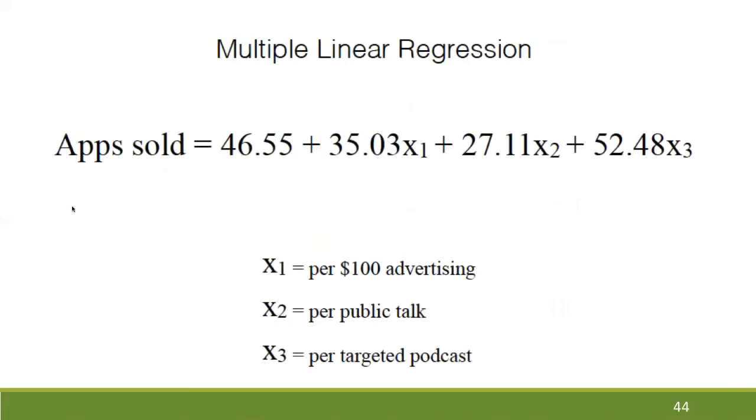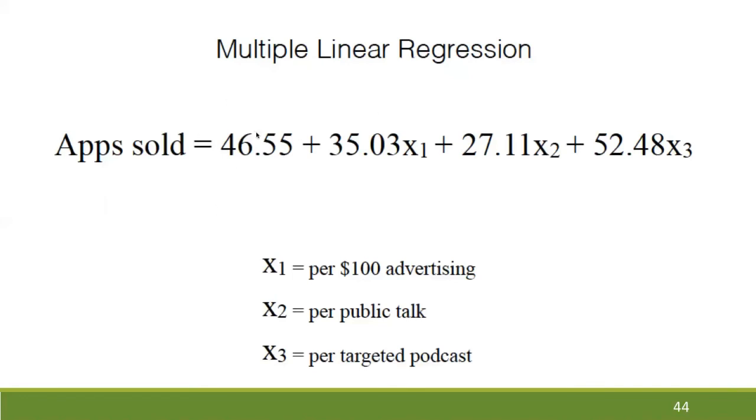Another example, let's say you are creating apps and putting them on the store, and there are different kinds of combinations. If you did not do anything, you just created an app and put it on the store, based on this formula, how many apps will be sold if you didn't do any marketing? 46. So that's your constant value.